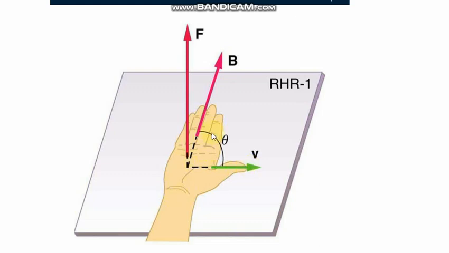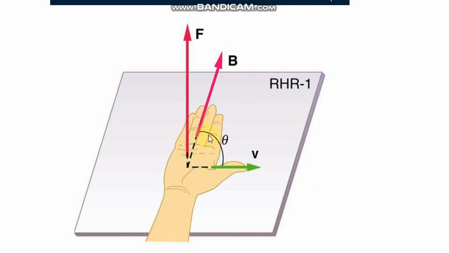Now this forms a plane, and then F will be directed along the outward drawn normal to this palm, or in other words, it will be perpendicular to the plane containing V and B, and the plane which contains V and B in this case is our palm, the palm of our right hand. Let me repeat it once again.